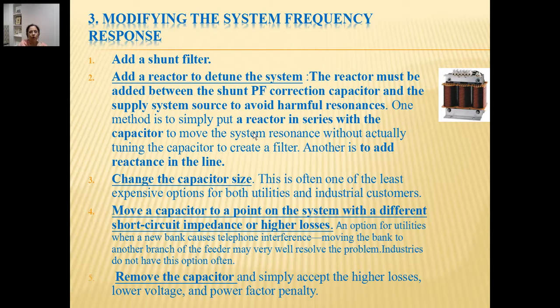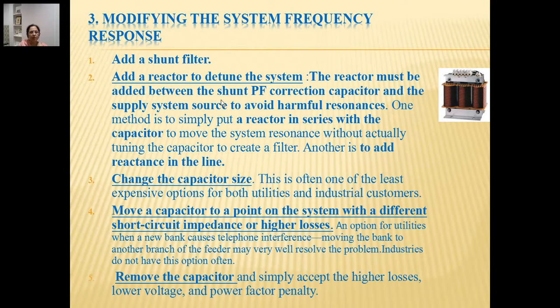So by control of system reactance, in a way the frequency response can be modified, in case we try to modify the reactance by addition of some reactor or shunt component in the form of a capacitor. So for this we can add a shunt filter by which this system configuration will be modified.